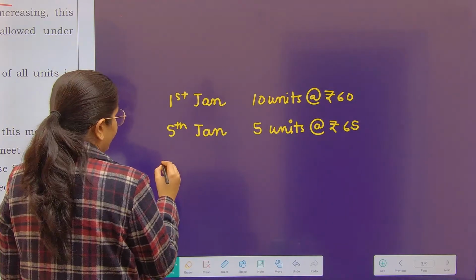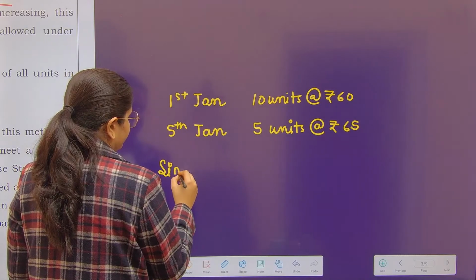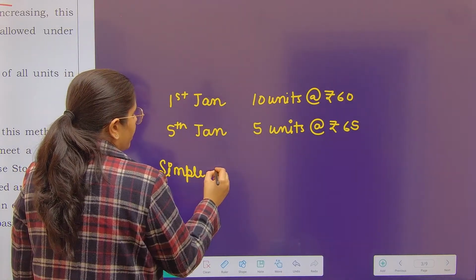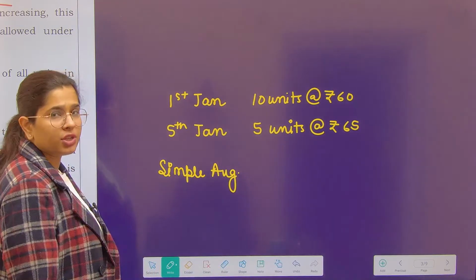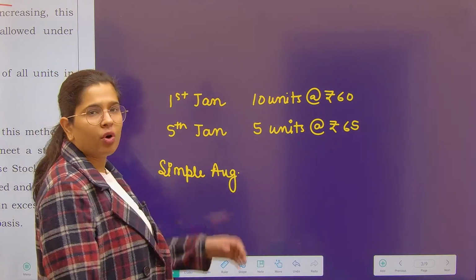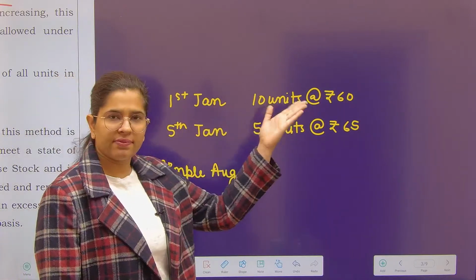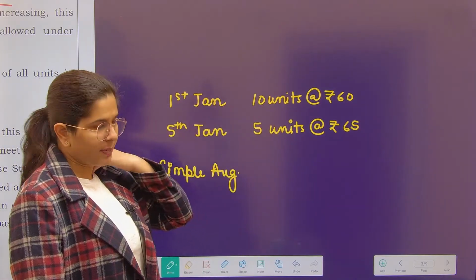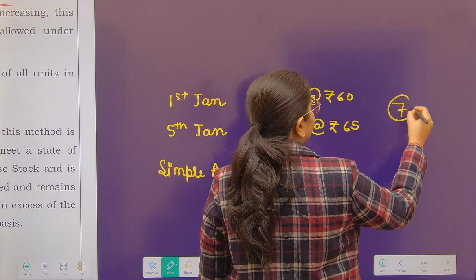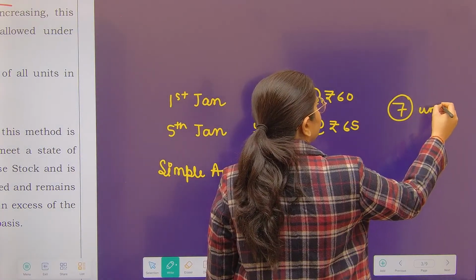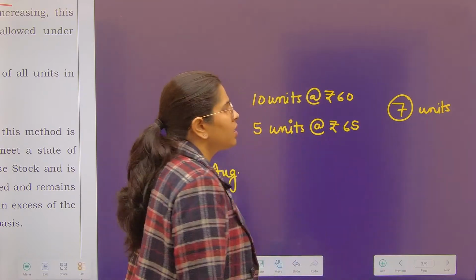One is simple average. I want to find out what price I should be charging to my production. Obviously you also have the first in first out method. Suppose I used 7 bags, 7 units in production.